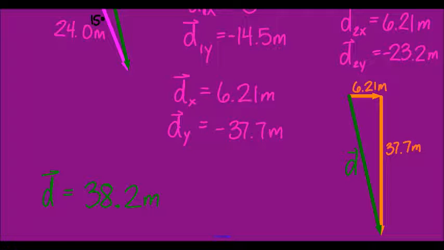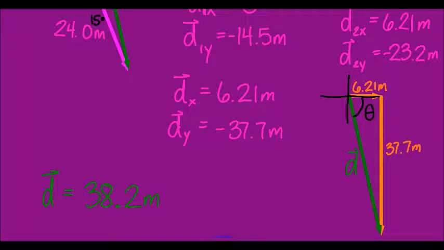Because D is a vector, I also need to find a direction. When I'm finding that direction, I find it useful to draw an XY axis, and my XY axis is always at the tail end of my resultant vector. Here's one angle I could solve for to give a direction. I typically use the tangent function because that uses the components, which are more likely to be accurate than the hypotenuse of my triangle.